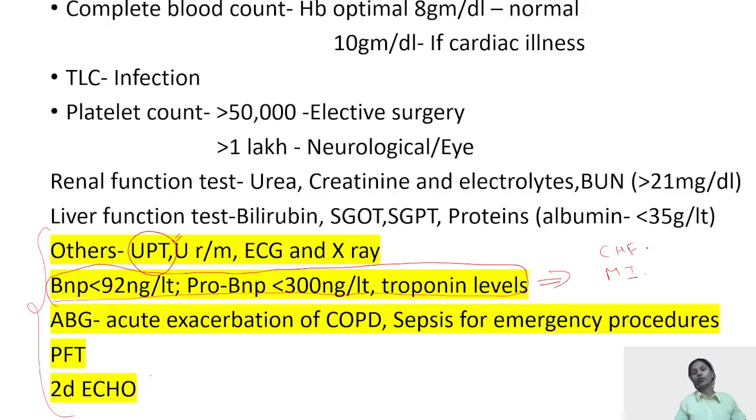So the investigation of choice to rule out CHF is pro-BNP. Then ABG. ABG is only recommended in cases which have acute respiratory failure or respiratory illness, or patients who have come to casualty with sepsis posted for certain emergency procedures.